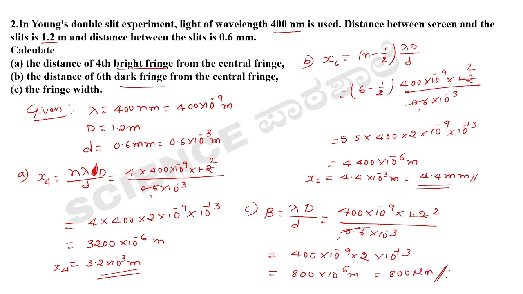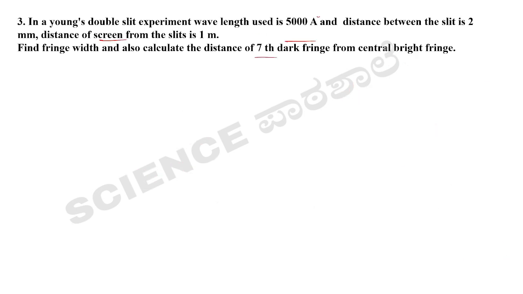So this is the answer for C. So answer for A 3.2 millimeter, answer for B 4.4 millimeter, answer for C 800 micrometer. So 800 micrometer, or you can convert it into 8 into 10 raised to minus 4 meter. Clear? Yes.